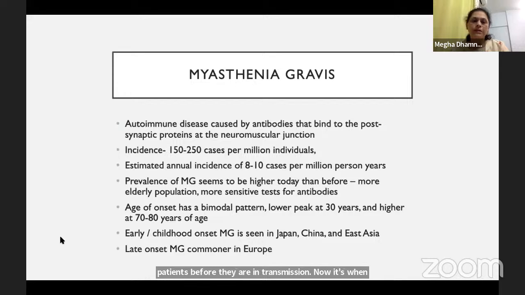Now, talking about myasthenia gravis, we know it's an autoimmune disease caused by antibodies that bind to the postsynaptic proteins at the neuromuscular junction. Prevalence of myasthenia seems to be higher today. We are definitely seeing more cases, maybe because of the more elderly population or more sensitive tests.